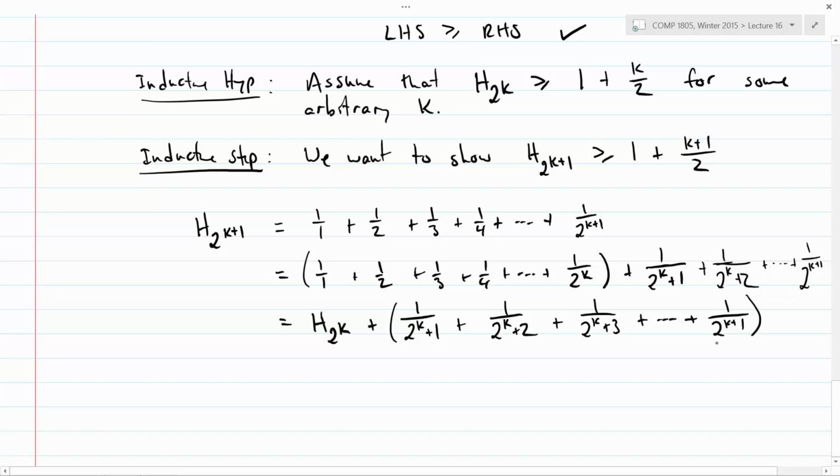So, what is another way of writing 2^(k+1)? 2 times 2^k. So I start off at 2^k, and I want to go to 2 times 2^k. So how many terms do I have? 2^k. So there's 2^k terms here. Does that make sense?